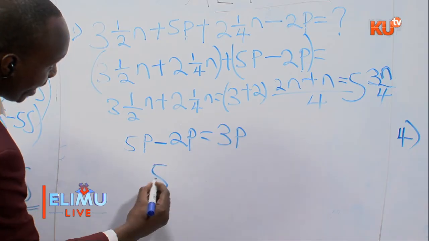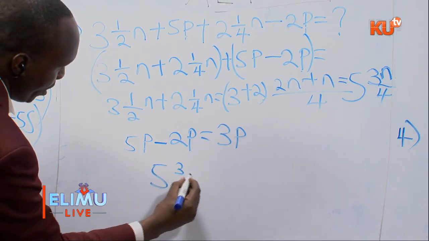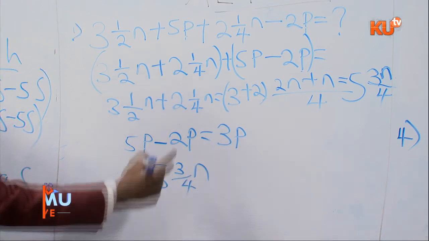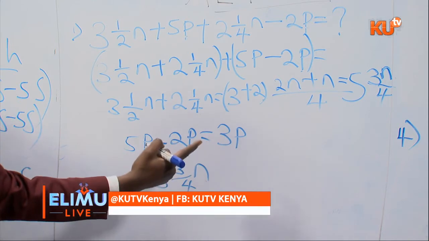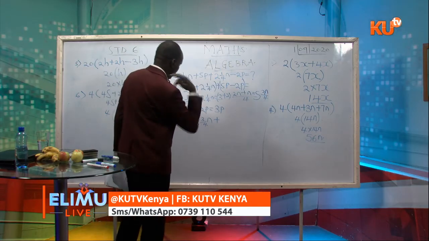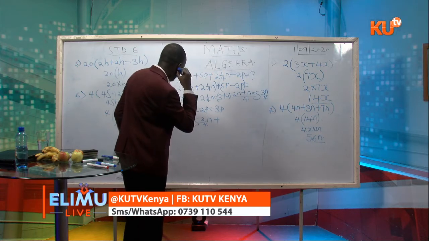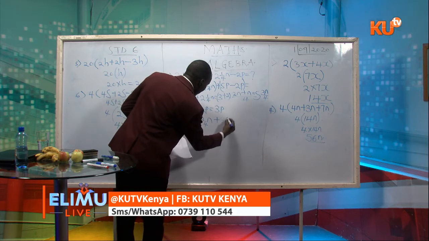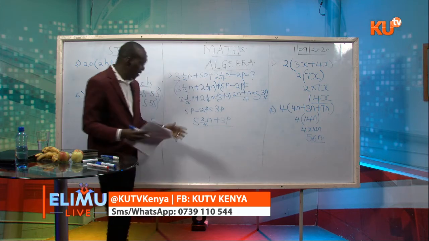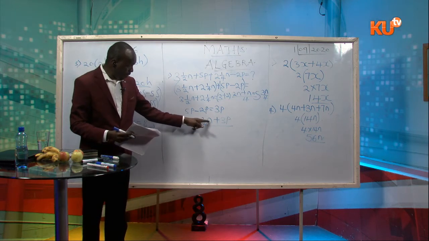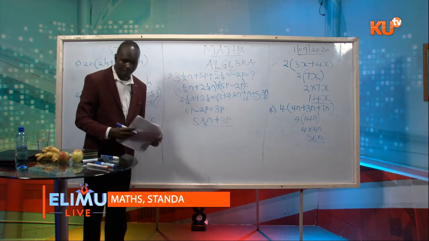That is 5 whole number 3 all over 4n plus 3p. So our answer becomes 5 whole number 3 over 4n plus 3p.